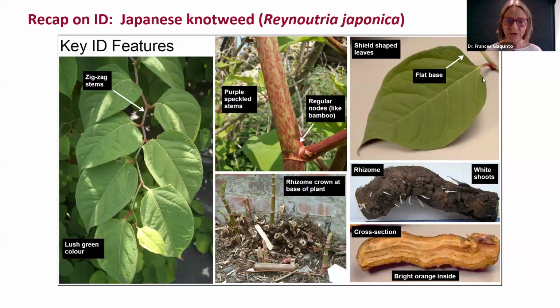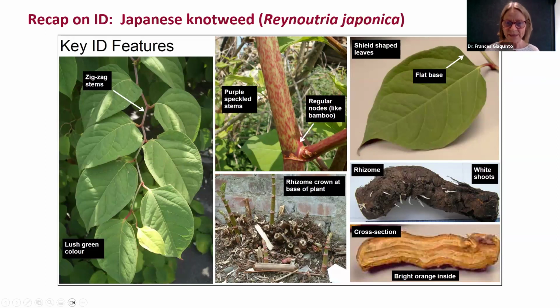Very few native plants in Ireland have this kind of shield-shaped leaf with a very distinctive flat base. And then it has what's known as a sudden point, which you can see very clearly here at the tip of the leaf. This is the most important feature for identifying Japanese knotweed at any time of the year: the leaf shape.